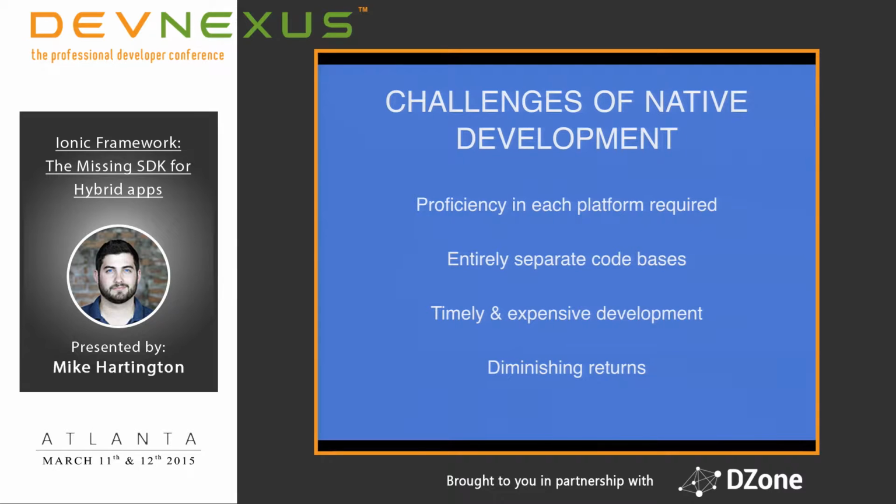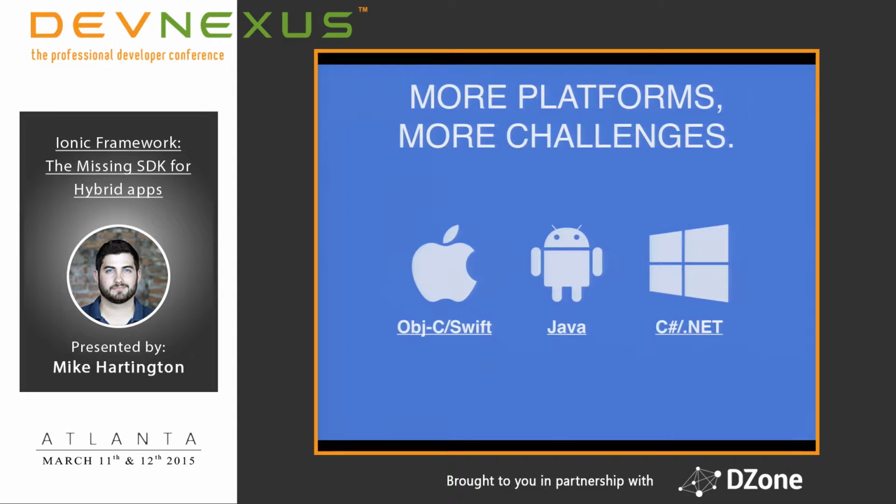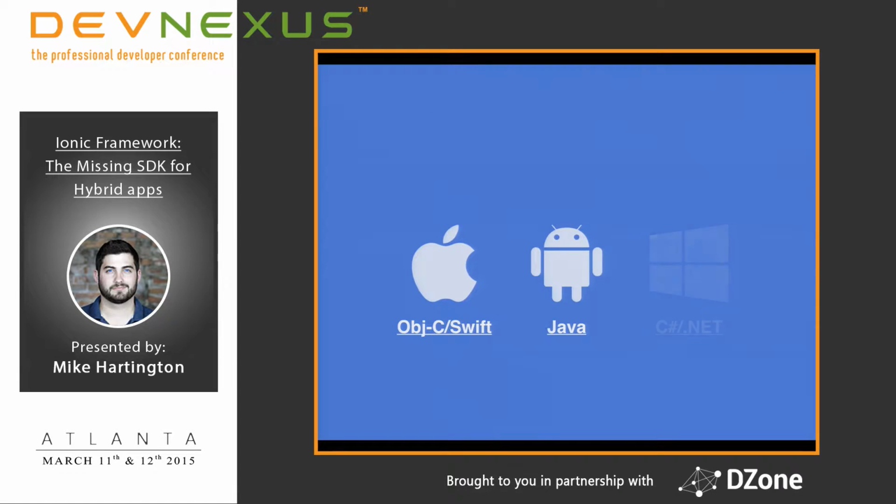And at the end of the day, how much money are you really going to be making off of this? After you pay people, after you get everything all set up, you're not really going to be making too much using this native approach. So the more platforms that you want to support, the more problems that you're going to have. So we want to get down to at least 1 platform. So let's go ahead and get rid of that guy.